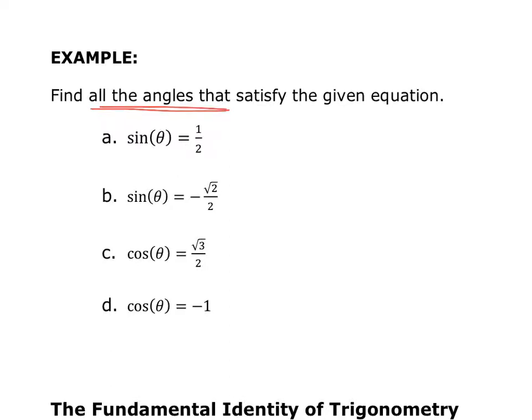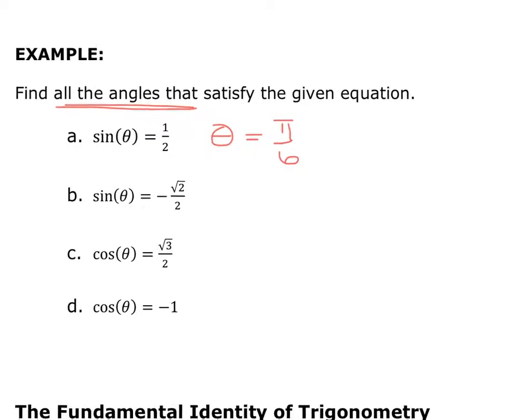I get out my unit circle and look to see where sine is a positive 1/2. So it's 30 degrees, or pi over 6. When theta is equal to pi over 6, that satisfies it. Is there any other value on the unit circle in radians that also satisfies it?